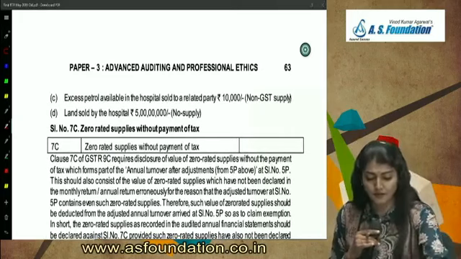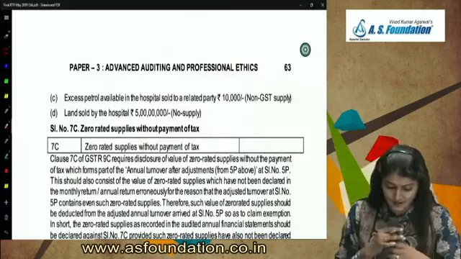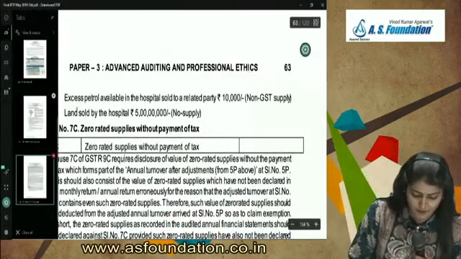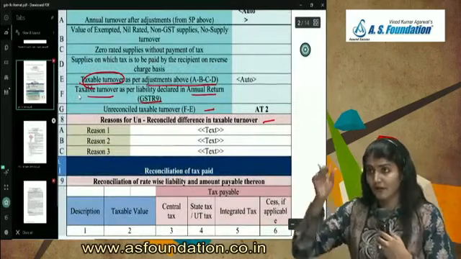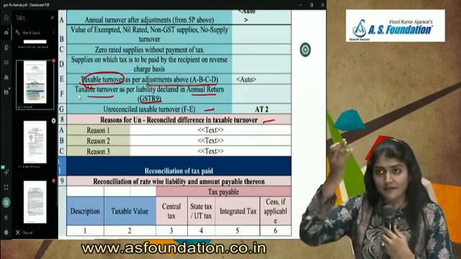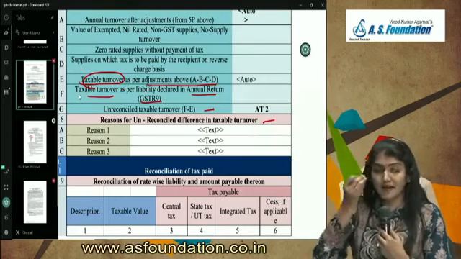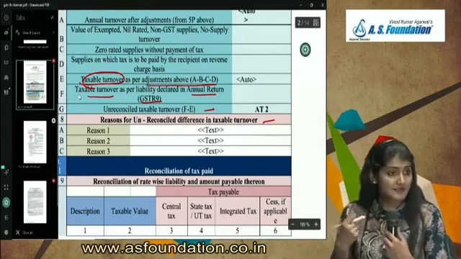So that you will reduce from the total turnover as per the GST law, and then you will arrive at the number of the total taxable turnover under the GST law. So that was total turnover as per GST law minus no supplies, exempt supplies, nil rated supplies and the non-GST supplies.